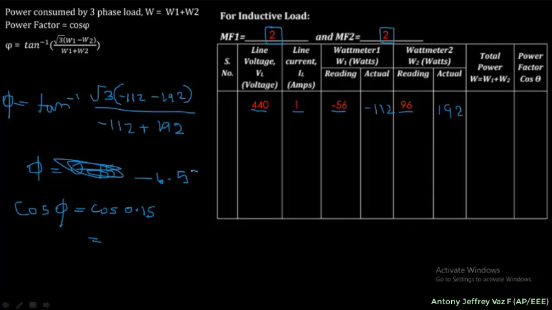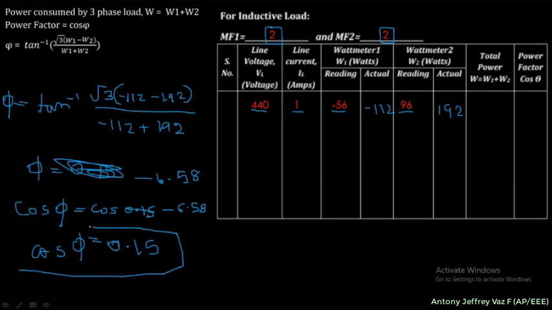So here also the cos phi value will be minus 6.58. The power factor, that is the cos phi value, is nothing but 0.15. I have wrongly written. So you need to substitute this value here, 0.15.